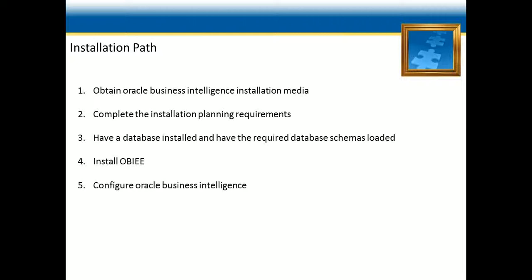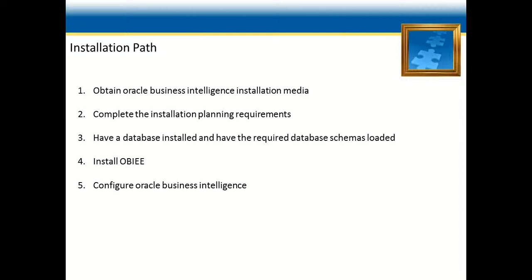I'll be explaining the installation path, how to install OBI. First, obtain the Oracle Business Intelligence installation media, which we will get from Oracle Cloud. Next, complete the installation planning requirements which are required for the OBI installation.